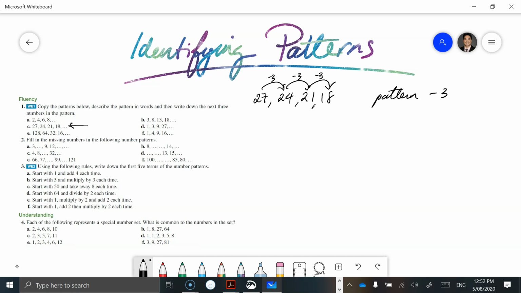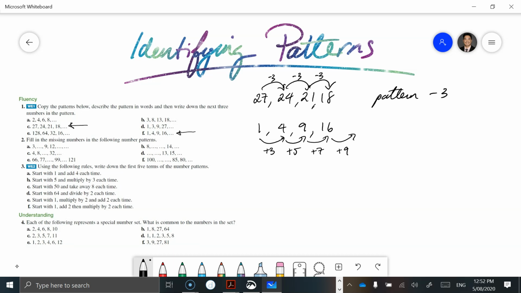Let's have a look at this one here. If we've got 1, 4, 9, and 16, the numbers are getting bigger. We can say, well, we're adding 3, we're adding 5, and then we're adding 7. So if we look at that pattern of addition, then you would think that we're going to add 9.